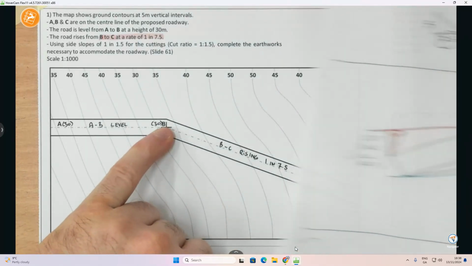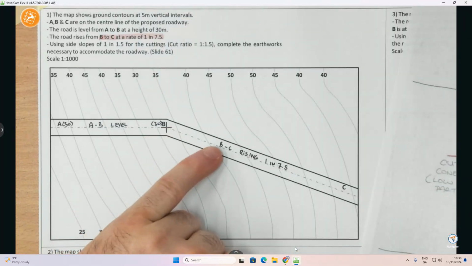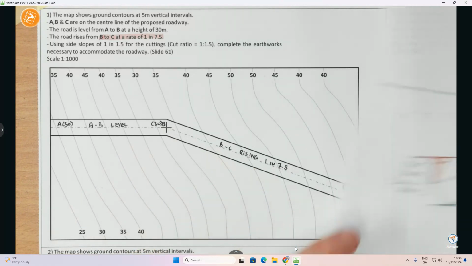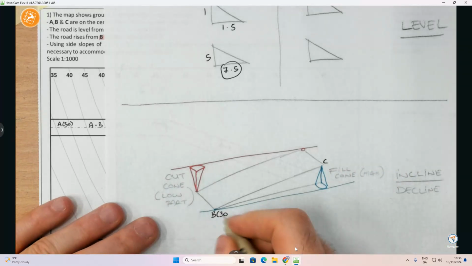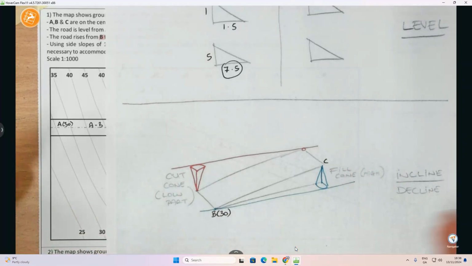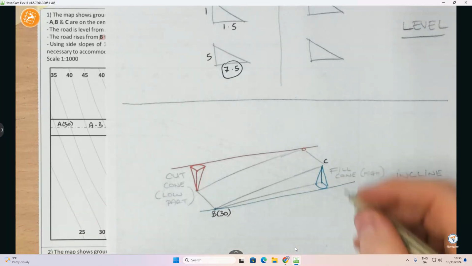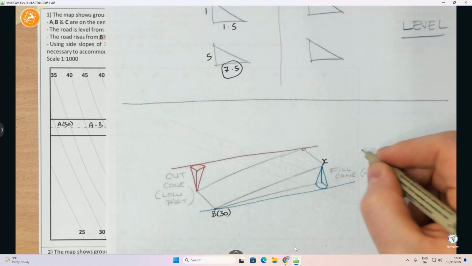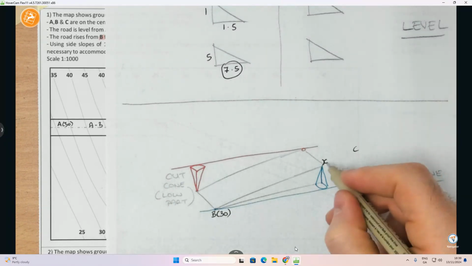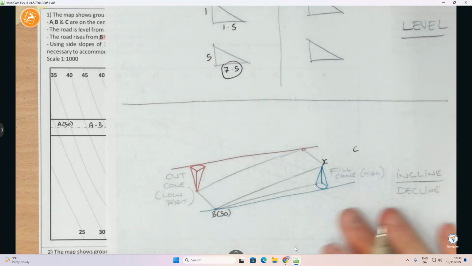We know B is at a height of 30 and it's rising from B to C, so C is the high part and B is the low part. This point may not be C; it might be a point X, and C might be further along the road as it continued to rise. But it's the concept that we're trying to use.